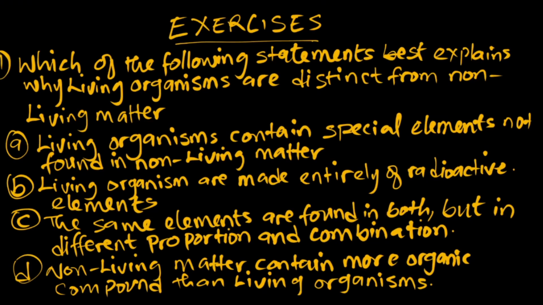B, living organisms are made entirely of radioactive elements. C, the same elements are found in both, but in different proportions and combination. D, non-living matter contain more organic compound than living organisms. The answer is C.